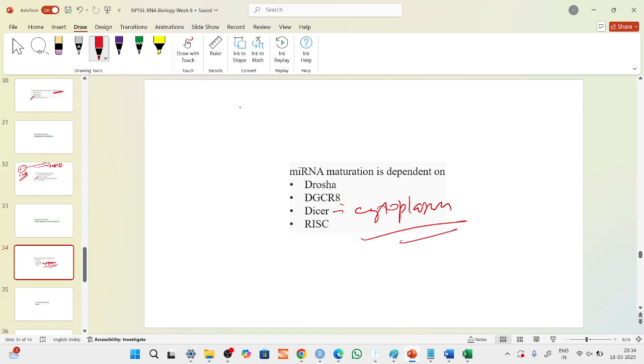So when the miRNA goes from the nucleus to the cytoplasm, it is acted upon by dicer, and it forms two strands, the guide strand and the passenger strand, and then one of the strands goes to the RISC complex, and then it performs its function. So dicer acts in the cytoplasm, Drosha acts in the nucleus. This is what is important.